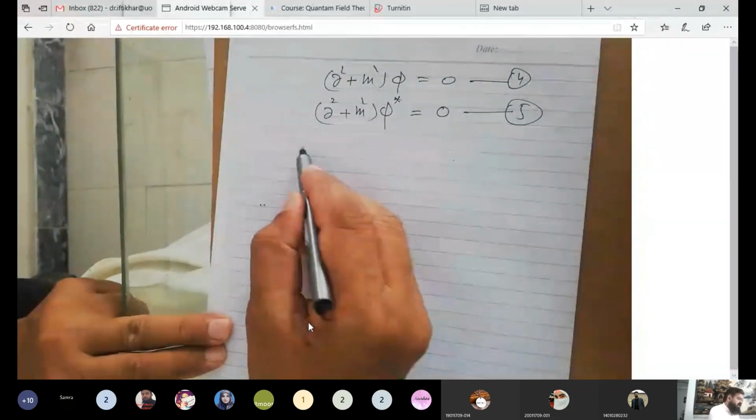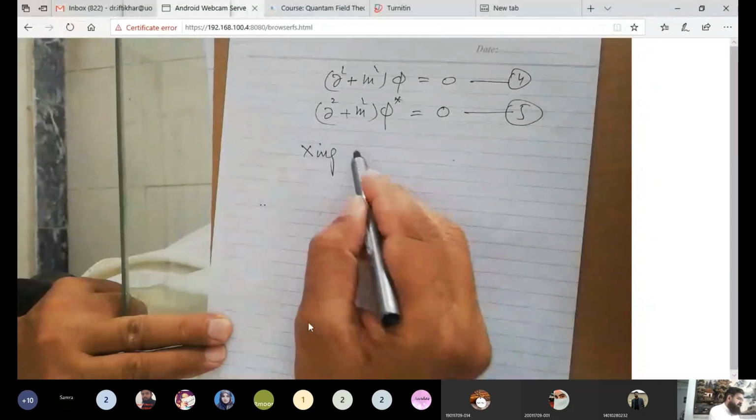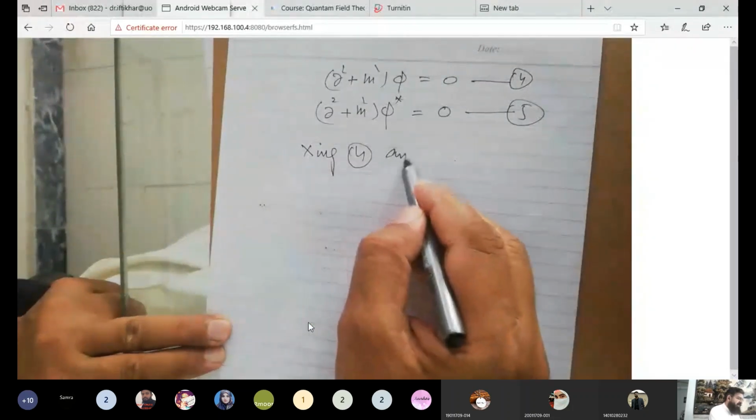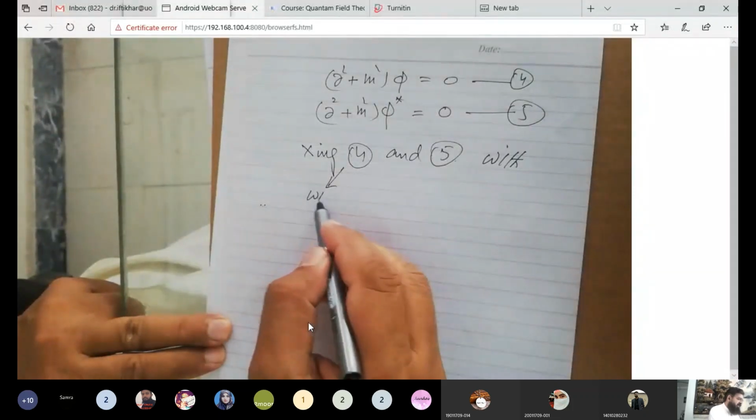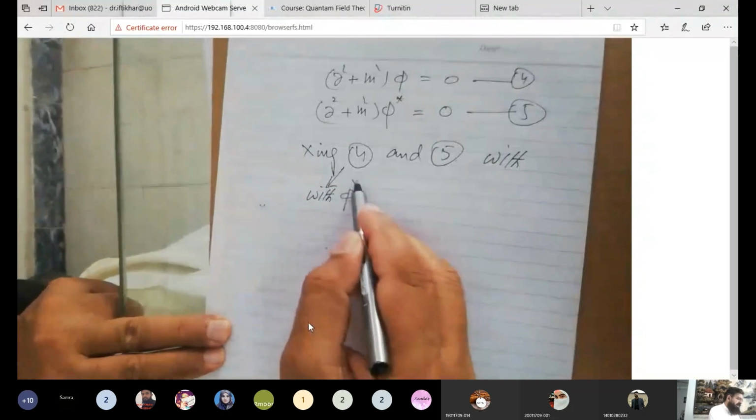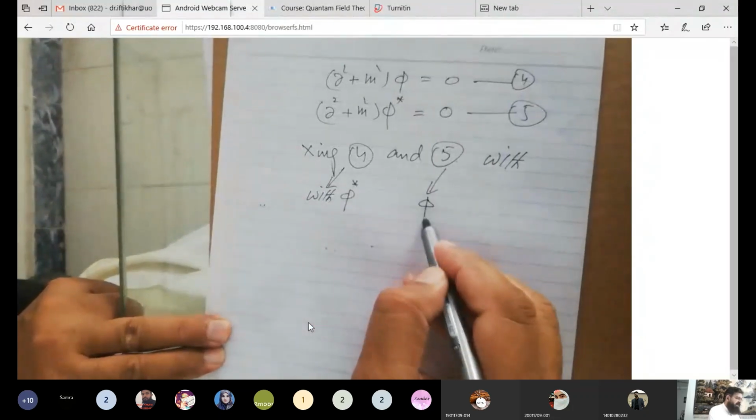Then multiply equation 4 with φ* and equation 5 with φ.